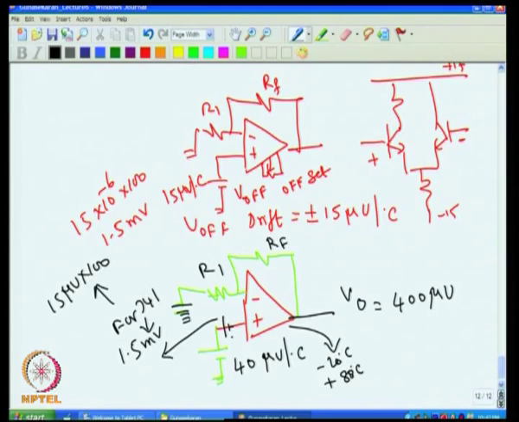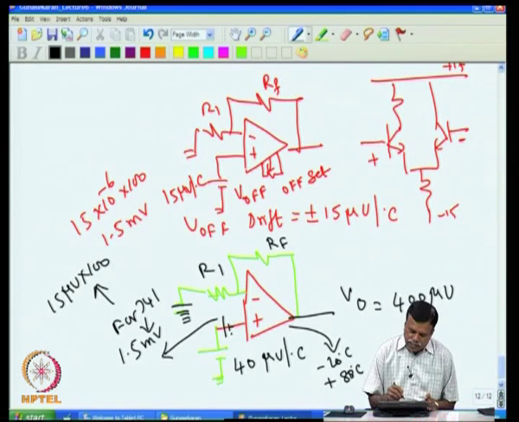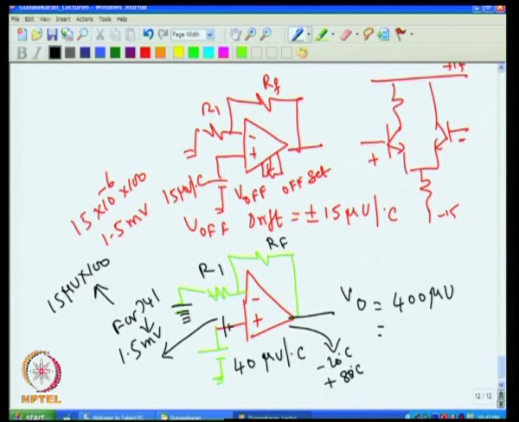One piece can be plus 1.5 millivolt, another piece can be minus 1.5 millivolt, another piece can be even 0, but none will be more than 1.5 millivolt. So in the worst case, my output will be this 400 microvolt plus or minus this 1.5 millivolt amplified by 10 times, that is actually 15 millivolt.